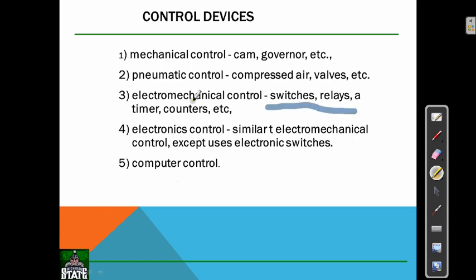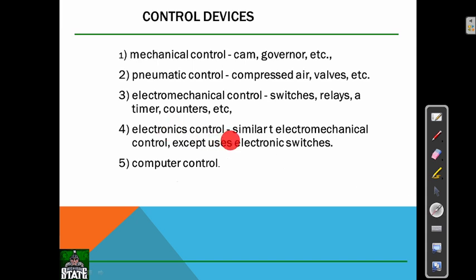From the switches and timers controls, we will have some operations in industries. If you want to switch on from the office itself, we can, and then the site will operate like that. We will have some timing, and the counter will also take place. This is the electromechanical control signal.